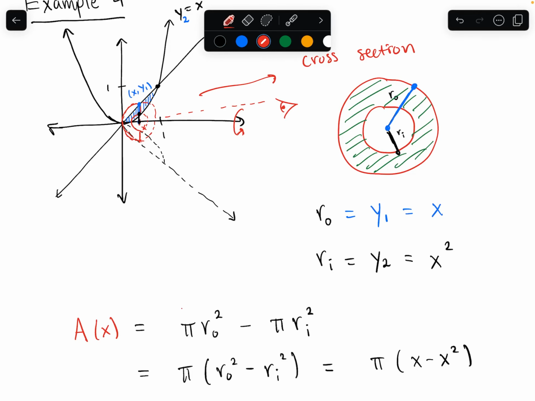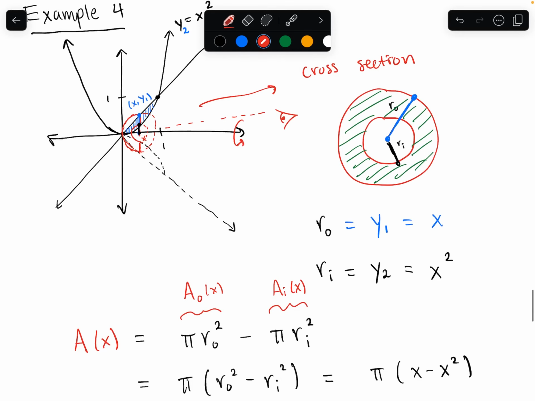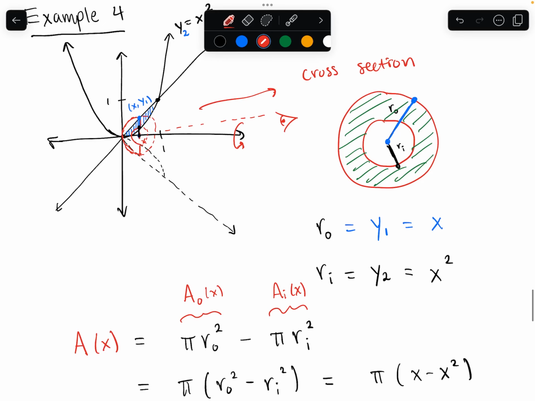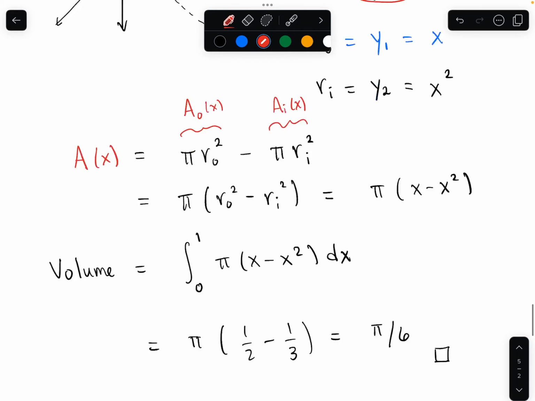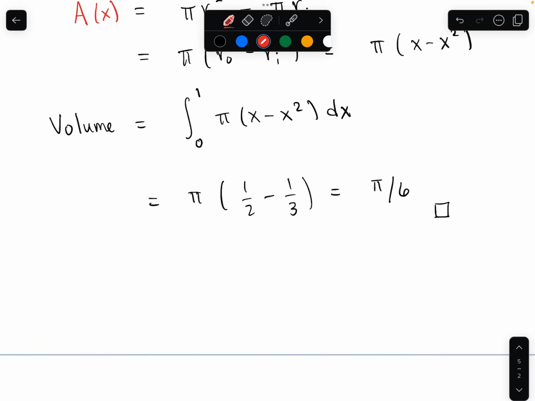So I guess I can emphasize this is the area of the larger disk minus the area of the smaller disk. So that's how you do that example.